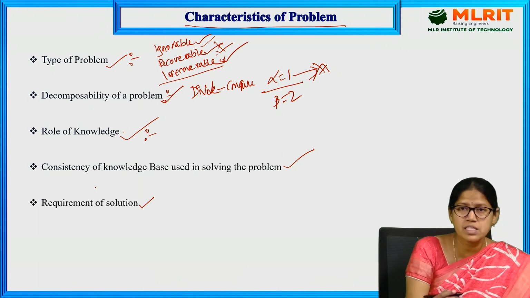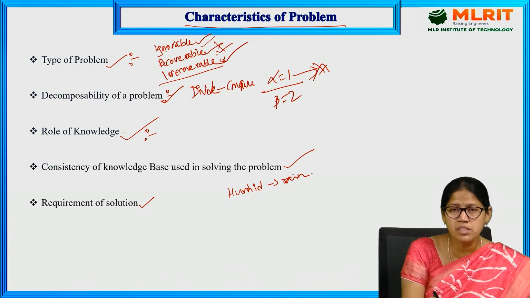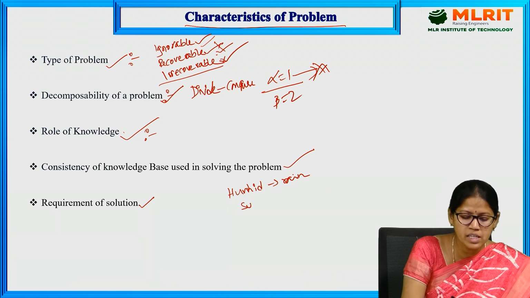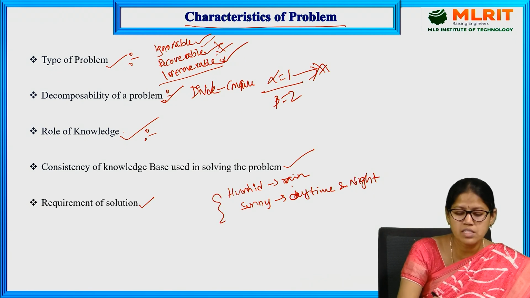So here, for example, if it is humid, then there is a chance of rain. If it is a sunny day, then it is daytime and nighttime. For example, if it is humid, then it is rain.